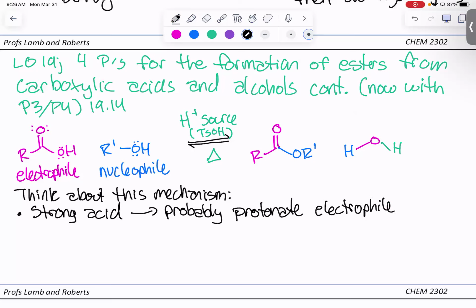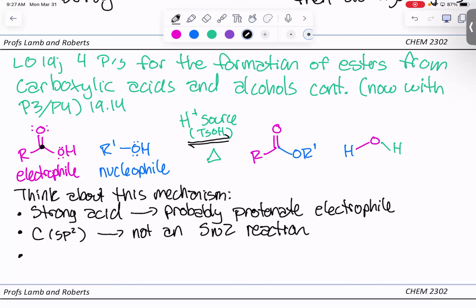All right, let's think about other things here. The carbon we're reacting with here is an sp2 hybridized carbon. So this is not an SN2 reaction. That's one of the first mechanisms you ever learned, and we see SN2 come up over and over again. But we don't have a good leaving group and an alkyl halide, and we don't have an sp3 hybridized carbon. We have an sp2 hybridized carbon.